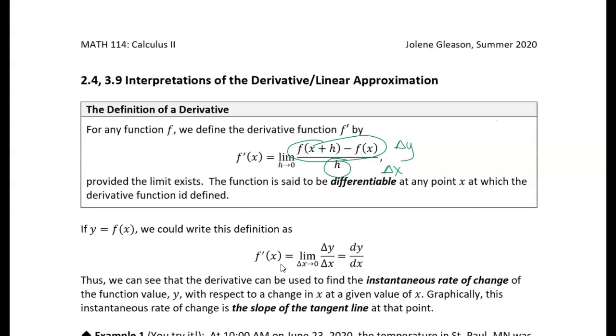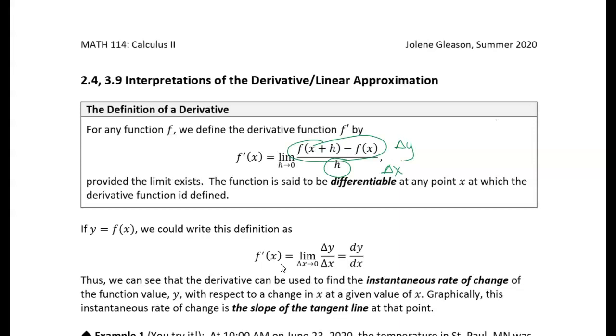And one of the notations that we use in calculus is this dy dx. So dy dx represents an infinitesimal change in y over an infinitesimal change in x. Okay, so it incorporates that limit as delta x goes to 0.